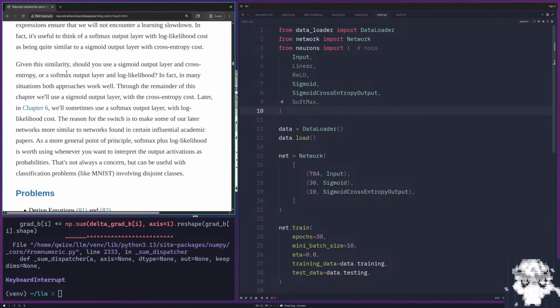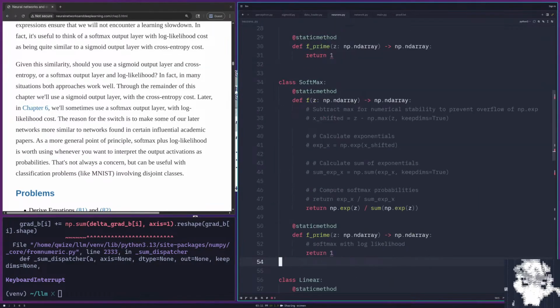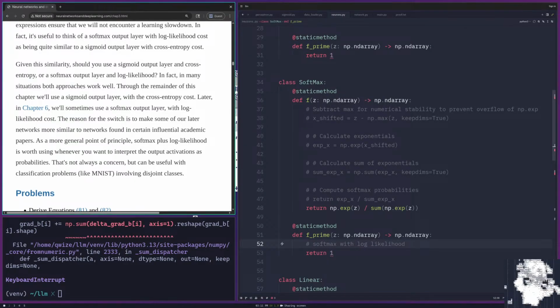Given this similarity, should you use a sigmoid output layer in cross entropy or a softmax output layer and log likelihood? Oh, I guess I should be explicit about that. Softmax. Oh, I already did that. Log likelihood. In fact, in many situations, both approaches work well.